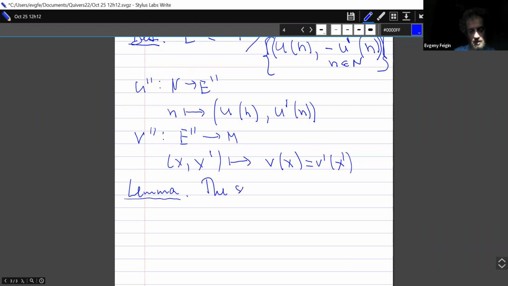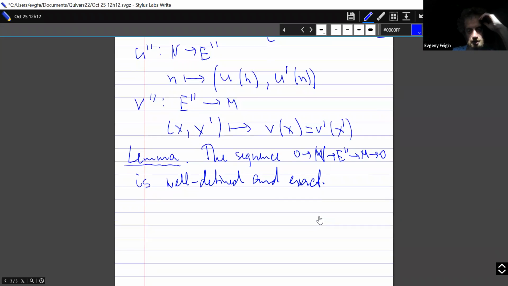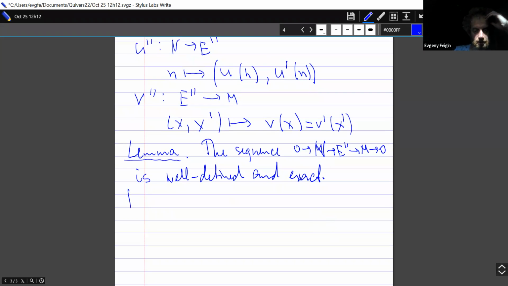So the sequence 0 to n to E double prime to m to 0 is well defined and exact. Okay. Good. So this is the statement. Let us prove it.